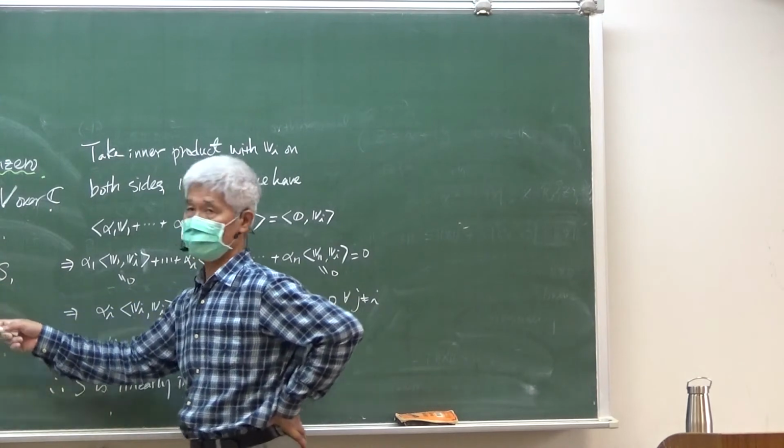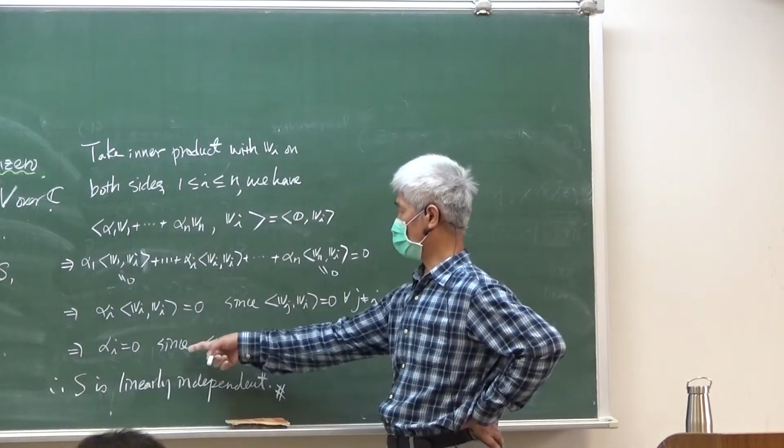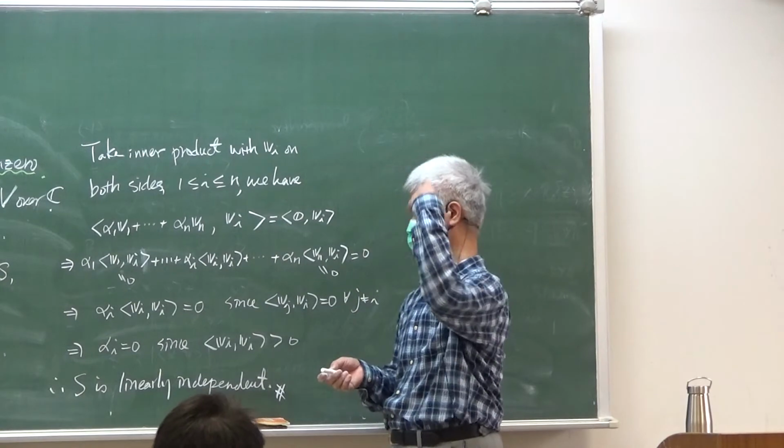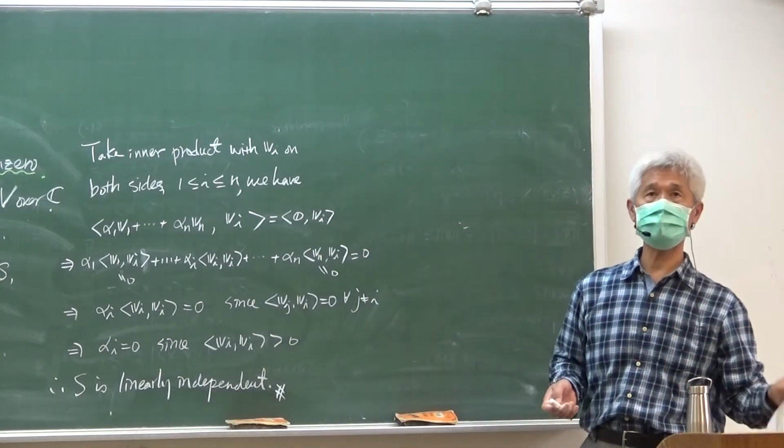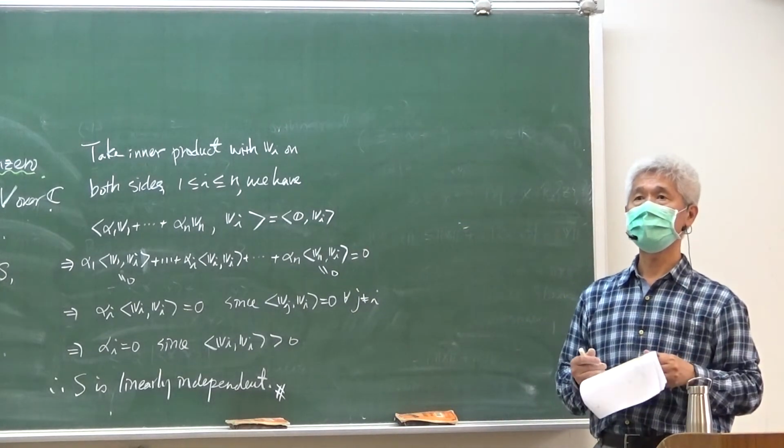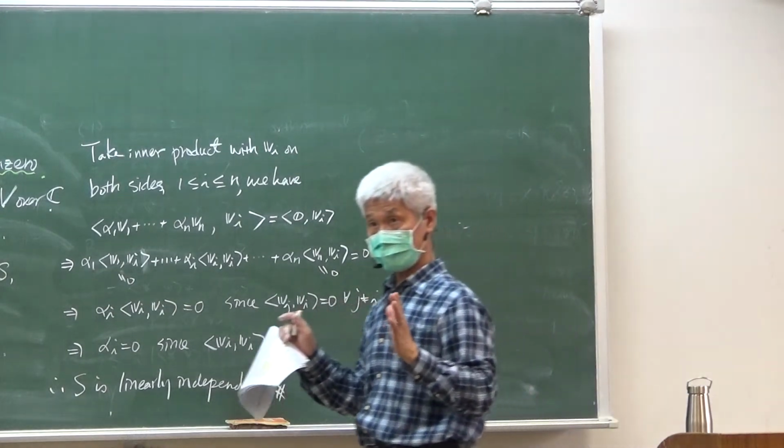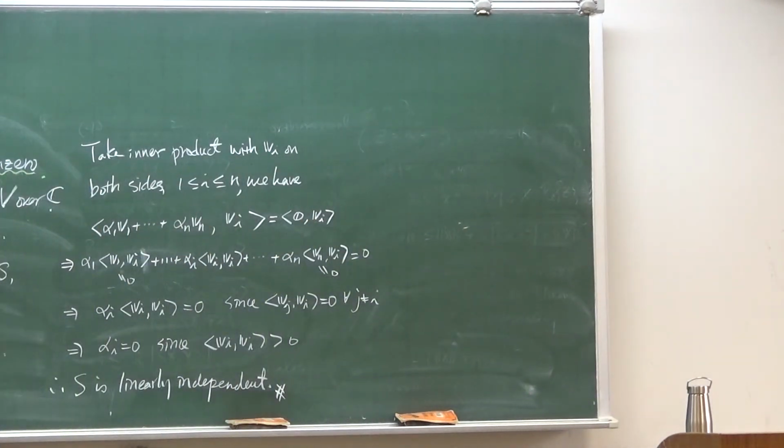Any linear relation is trivial because all coefficients are 0. Any questions? So orthogonality is stronger than linear independence. But we are considering an orthogonal set of non-zero vectors. Always remember that.